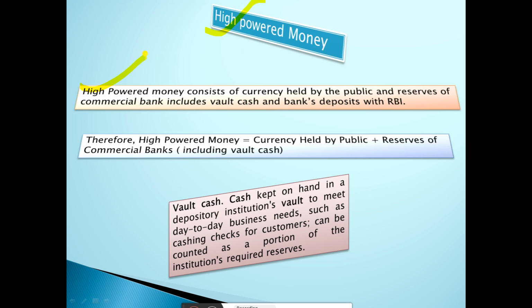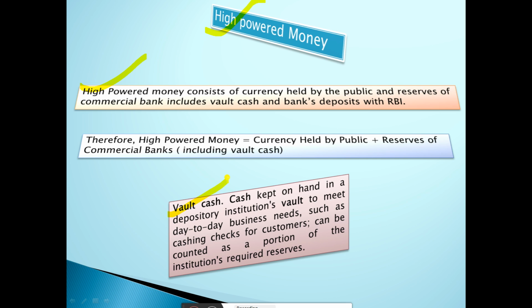So high powered money includes currency held by the public plus reserves of commercial banks, including vault cash. Vault cash means cash kept on hand in a depository institution's vault to meet day-to-day business needs such as cashing checks for customers, and can be counted as a portion of the institution's required reserve.